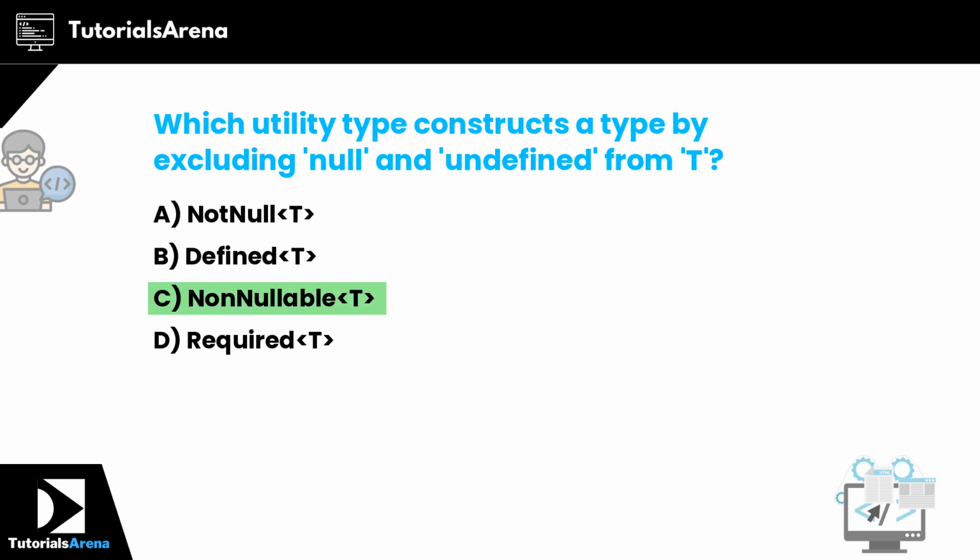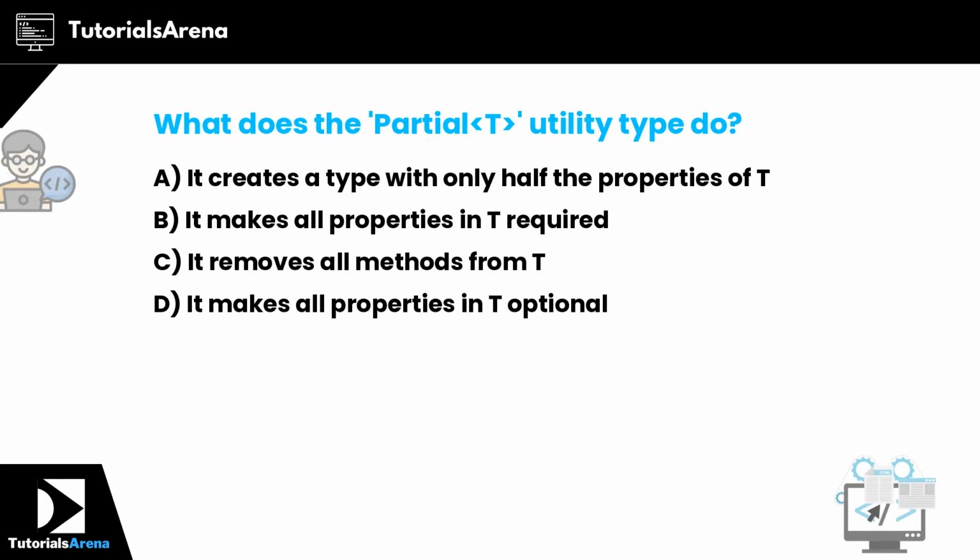The correct answer is option C, NonNullable<T>. What does the Partial<T> utility type do? The correct answer is option D. It makes all properties in T optional.